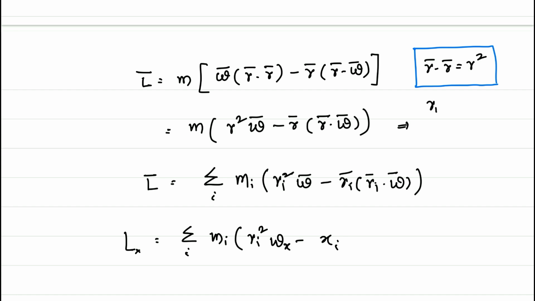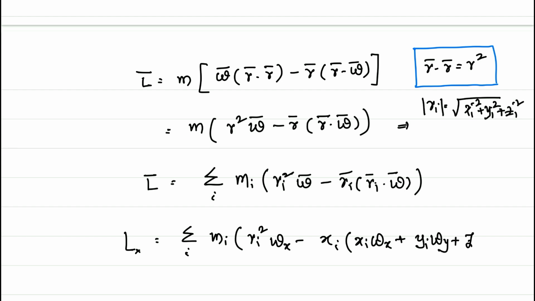Because ri is equal to square root of xi square plus yi square plus zi square, which you already know from the vectors. Then xi into, when you expand this, xi omega x plus ri, I am expanding as xi, yi and zi, yi omega y plus zi omega z.